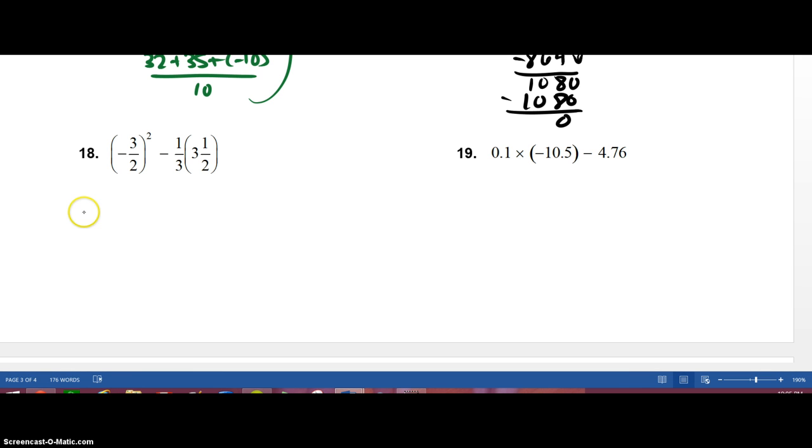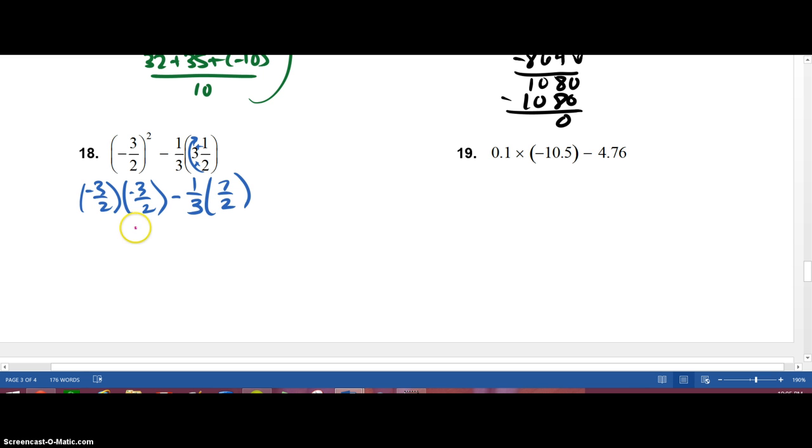So I have negative 3/2 times negative 3/2 minus 1/3 times, and I'm going to change this into an improper fraction, 7/2. So here I have two multiplication pieces. I have to do that first, and then I'll find a common denominator. So negative 3/2 times negative 3/2 is 9/4 minus, when I multiply 1/3 by 7/2, I get 7/6.